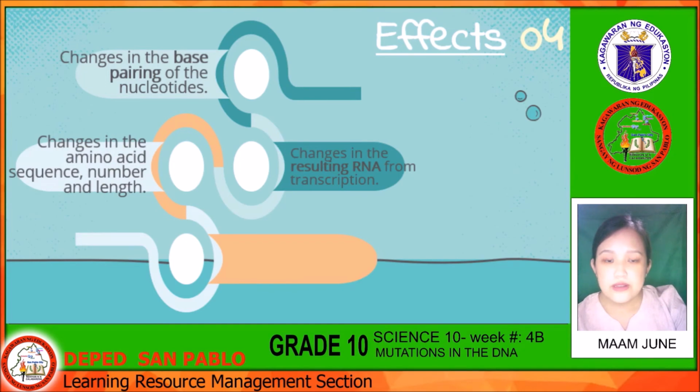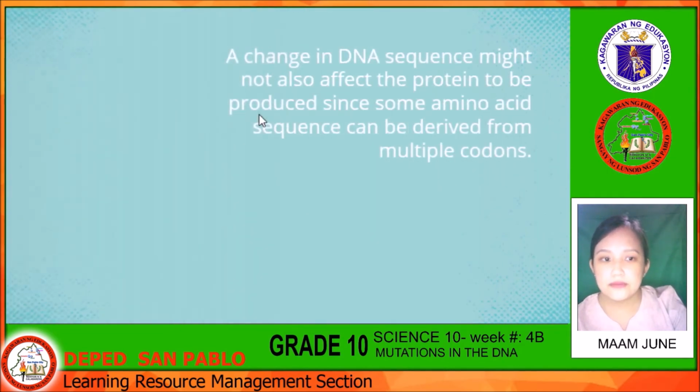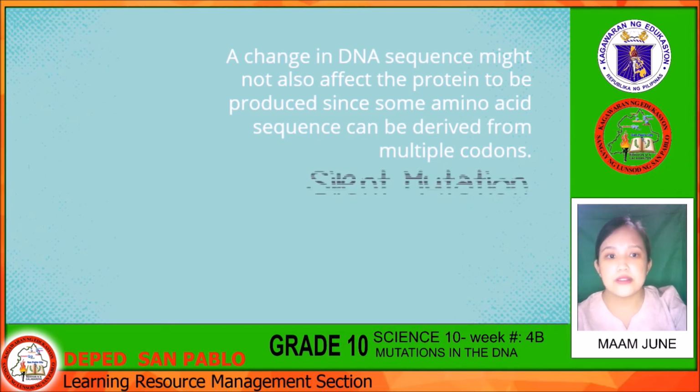More so, changes in the amino acid sequence, number and length can be observed. Lastly, the traits expressed in an organism will be affected. A change in the DNA sequence might also not affect the protein to be produced, since some amino acids can be derived from multiple codons.